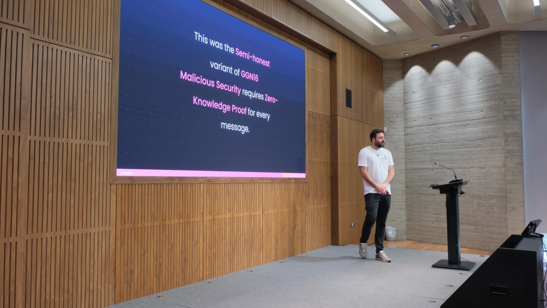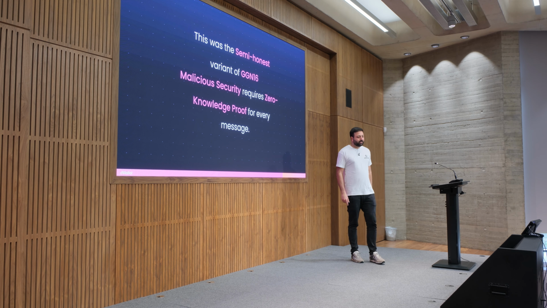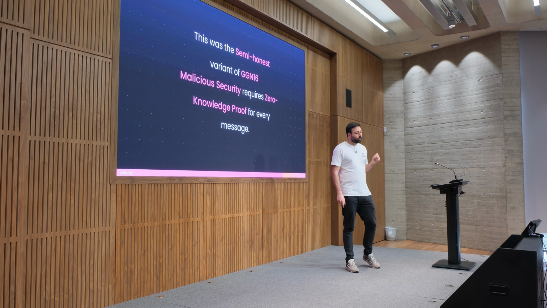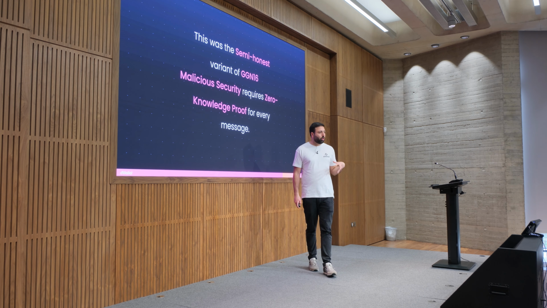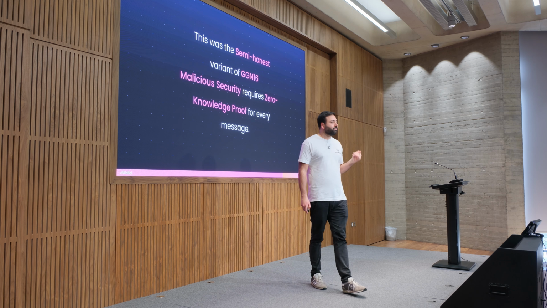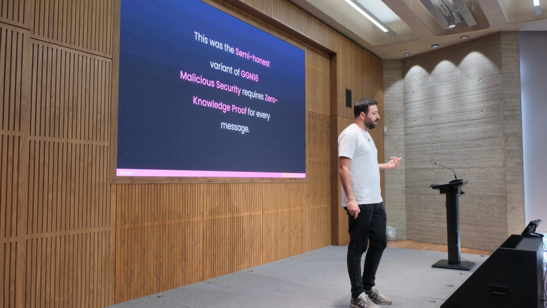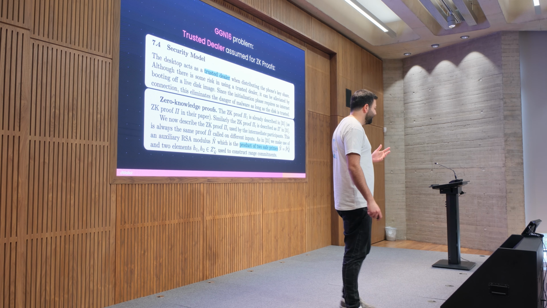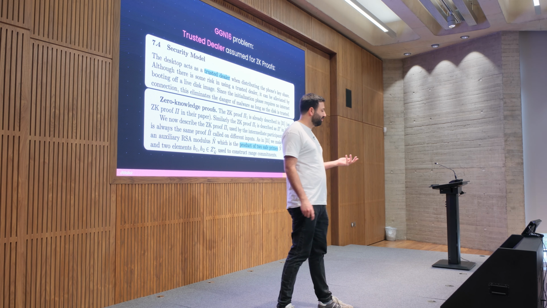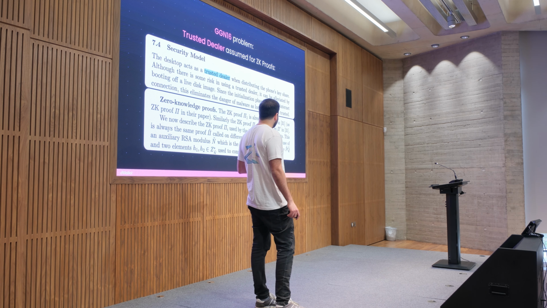OK, this was the semi-honest variant of GGN16. Malicious security requires actually using zero-knowledge proofs to show that every step along the way follows the honest protocol. That was the problem with GGN16, which was they didn't really have zero-knowledge proofs that were practical.